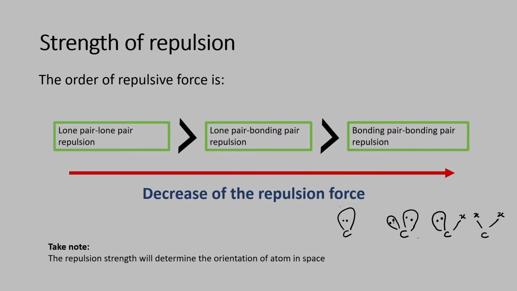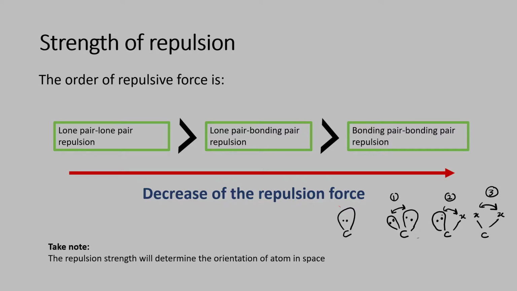So the strength of repulsion is this: repulsion between lone pair and lone pair is the highest, paling tinggi. While kalau lone pair nak tolak dengan bonding pair is the second, dia kurang sikit daripada the lone pair dan lone pair, and kalau bonding pair and bonding pair is the weakest. Okay.